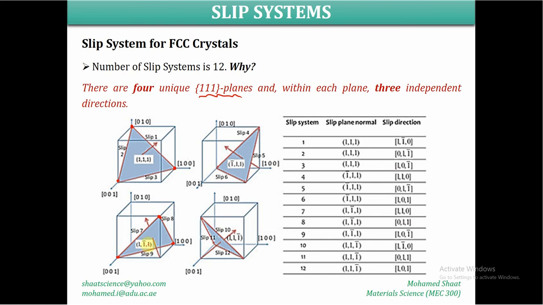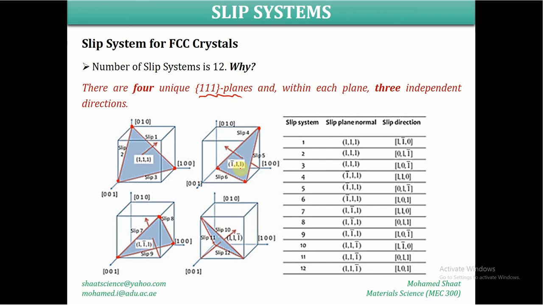As you can see, these 2 planes still belong to the same family. Why? Because they have the same indices, and they represent 2 equivalent crystallographic planes within the same family. The same thing: if you connect this point to these 2 other points, this gives you the -1, 1, 1 plane.